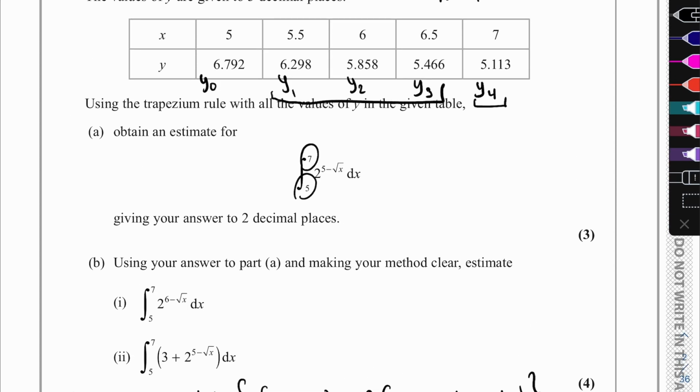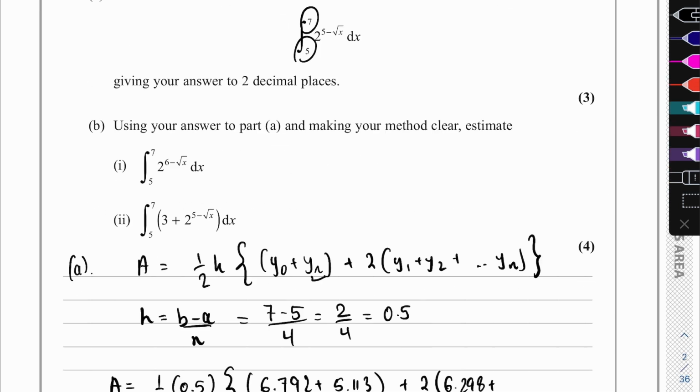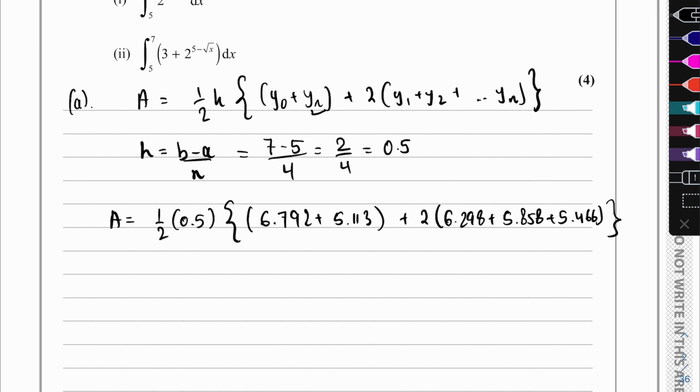These three values: 6.298 plus 5.858 plus 5.466. Close the bracket. Alright, so now let's put this in the calculator.